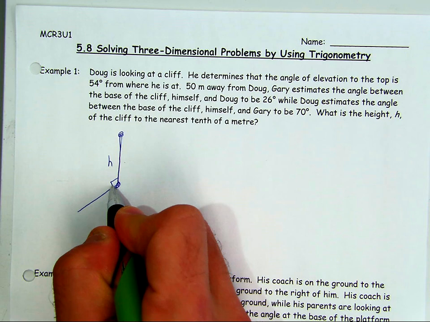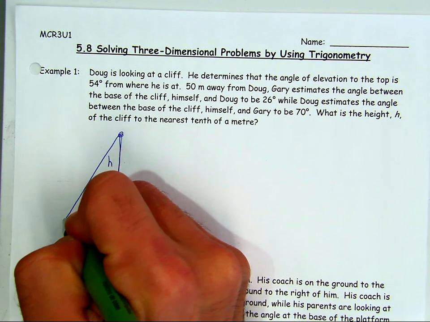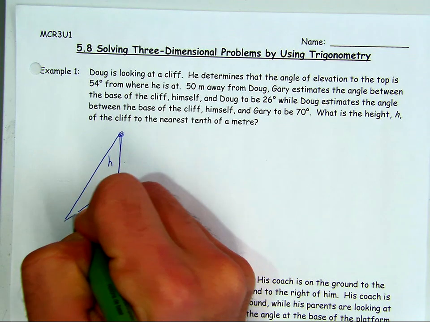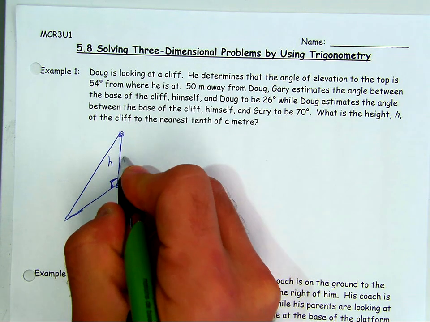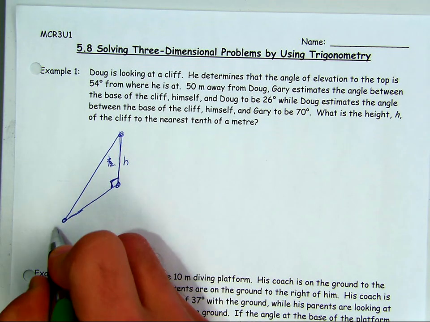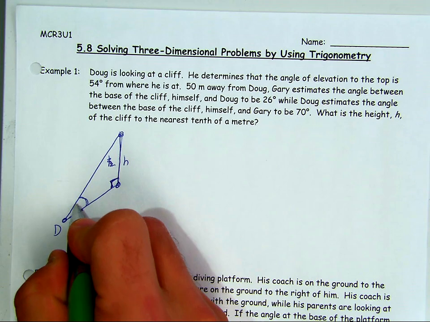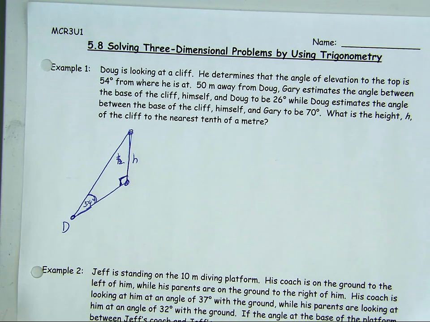It's kind of hard to do that, but let's say this is the top of the cliff, and we have to figure out the height of this cliff. And here is Doug, looking up at the cliff, and this is 54 degrees. Again, this triangle is coming out of the page.